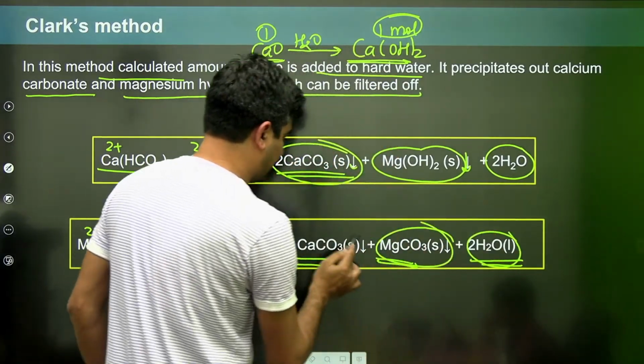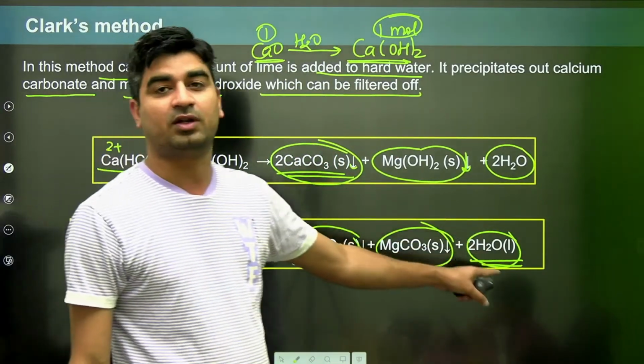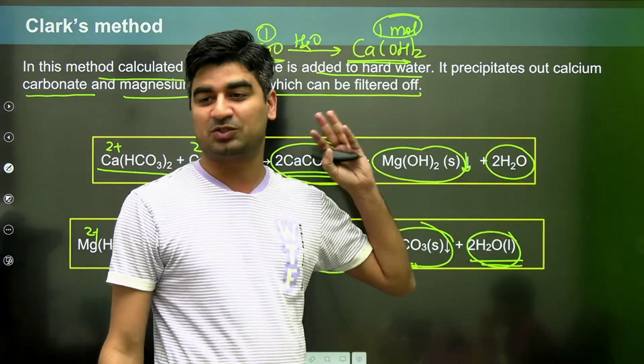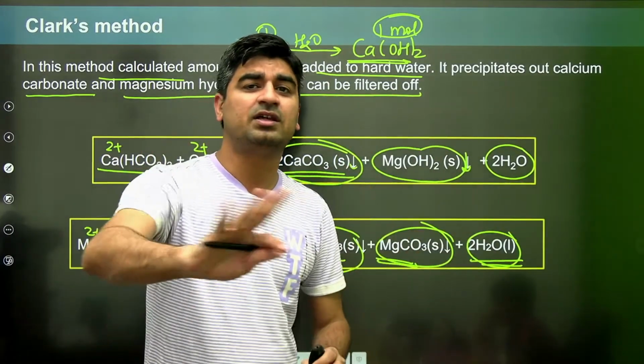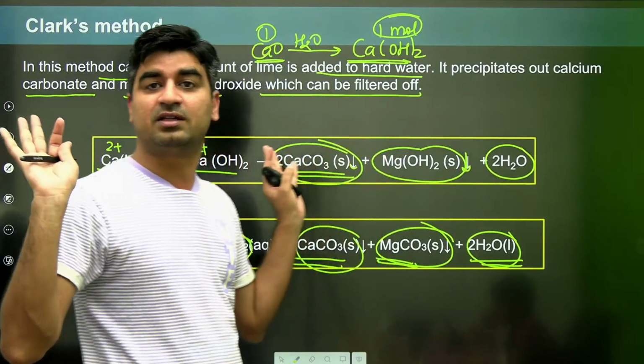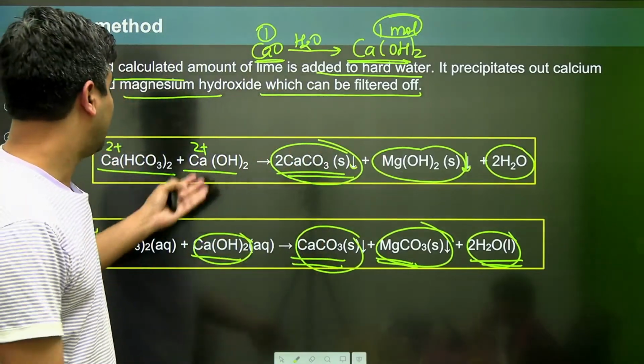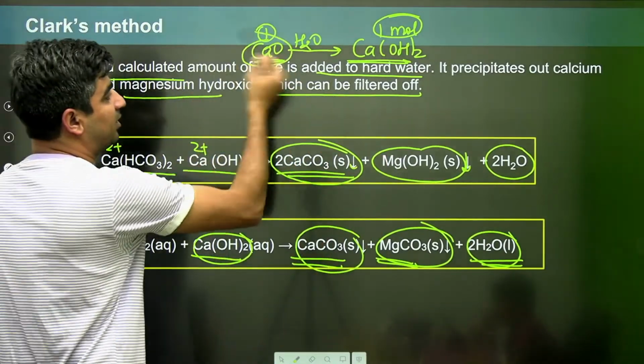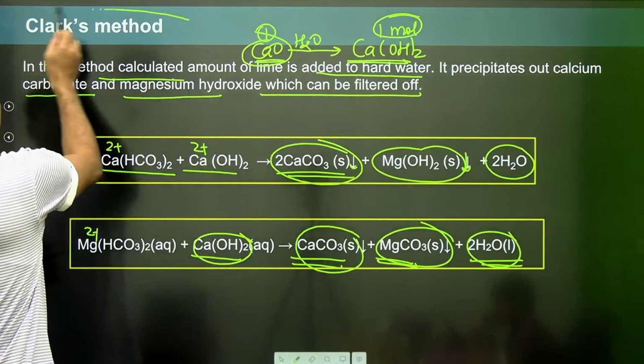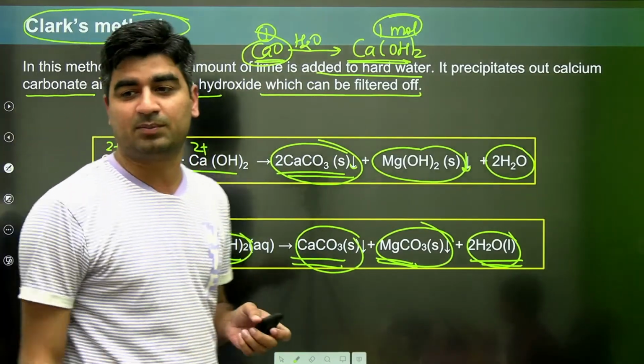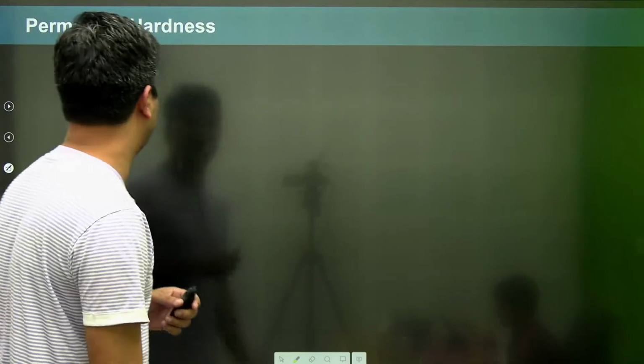So again these two are precipitated and you are getting pure water free from Ca2+ and Mg2+. तो हम किसी भी तरीके से Ca2 प्लस और Mg2 प्लस को निकालना चाहते हैं, पहले बॉईल करके निकाल दिया था, अब ये CaO लाइम ऐड करके निकाल दिया है. तो दिस मेथड इज कॉल्ड क्लार्क मेथड और इसके ऊपर कई बार प्रॉब्लम पूछी जा चुकी है, राइट. So let's move now.